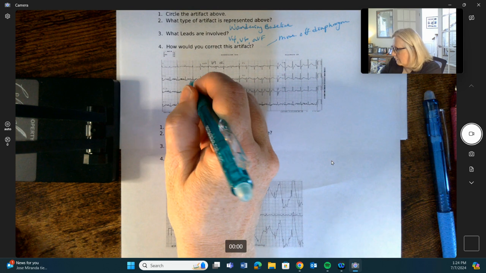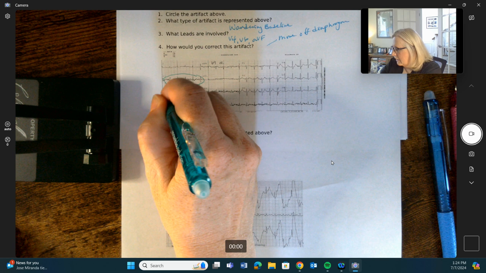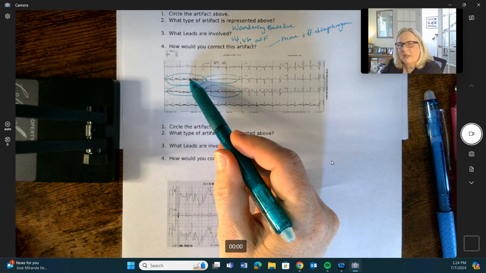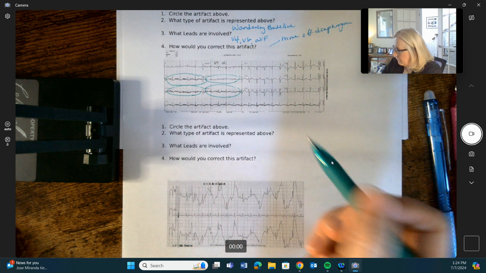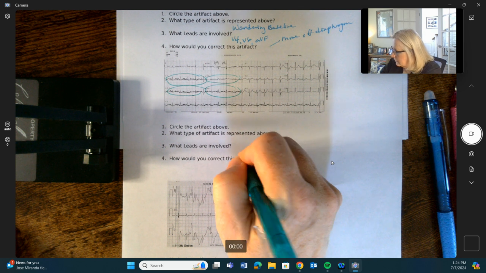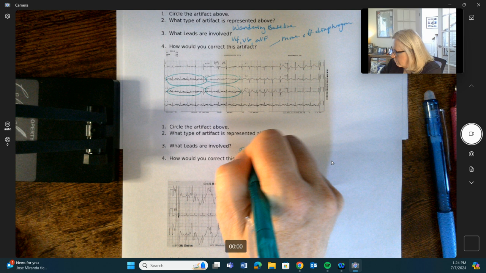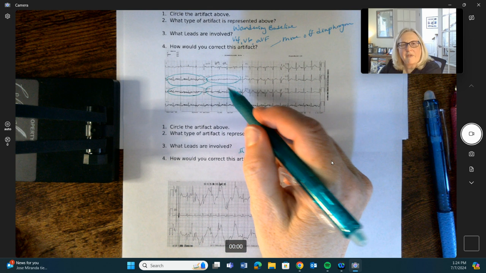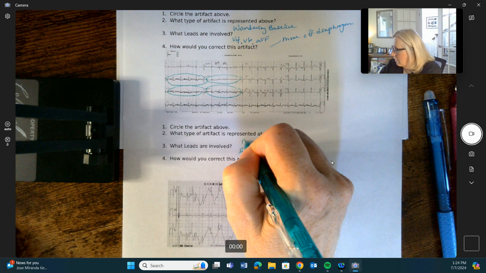So circling the artifact, I definitely see it here, here, and here. Maybe a little bit here. But this is definitely lead 2, 3, and AVF, right? 2, 3, AVF. And this type of artifact, this is that muscular artifact.